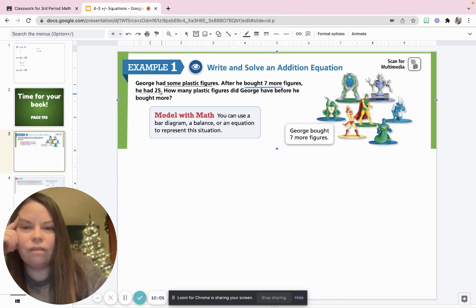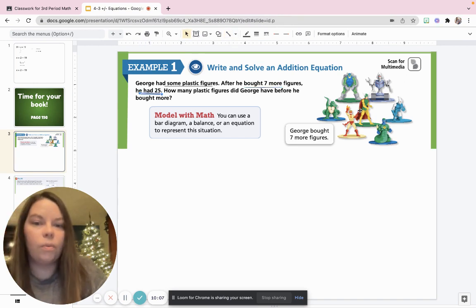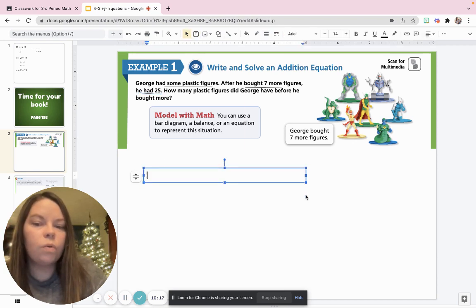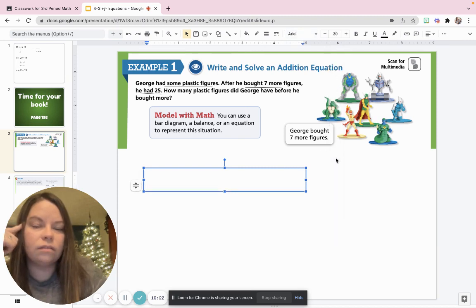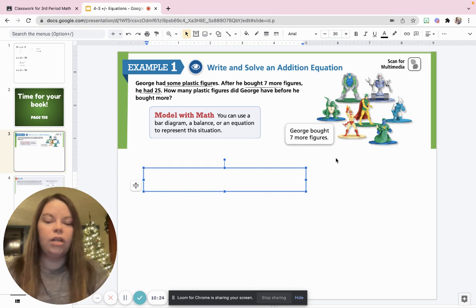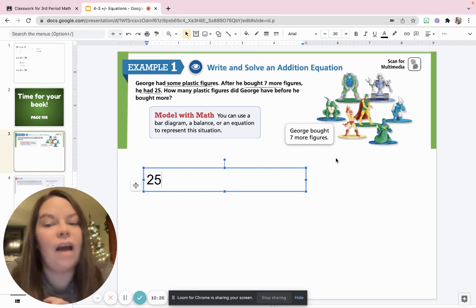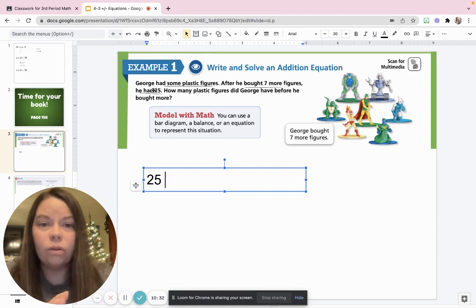How did I get 25 if I only have 7 figurines? Because we added it, right? So it says, how many plastic figurines did he have before he bought more? So we know that my total is what? What's the total amount of figurines that he has? Good. The total amount of figurines should be 25 because it's right here. Because now he had a total of 25 figurines. If I'm going to say total, what symbol am I going to use?